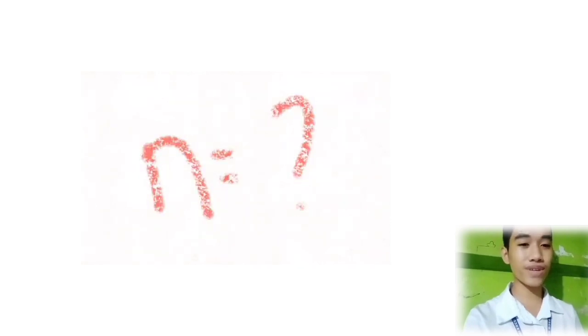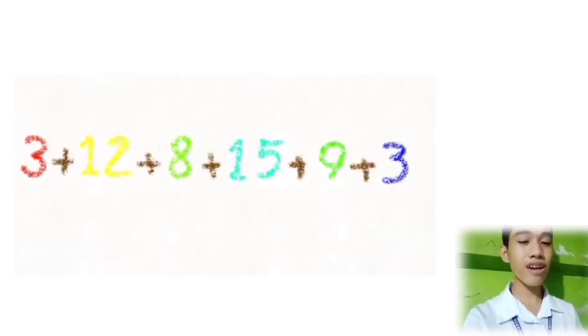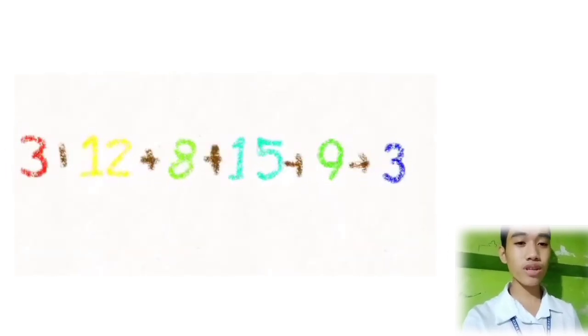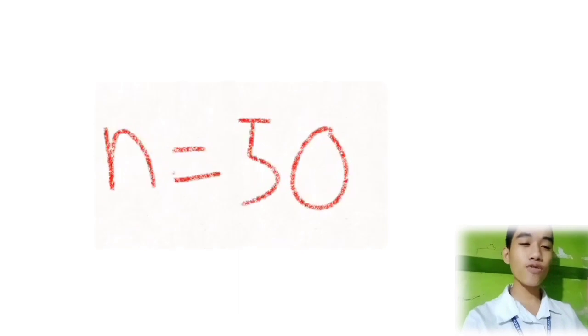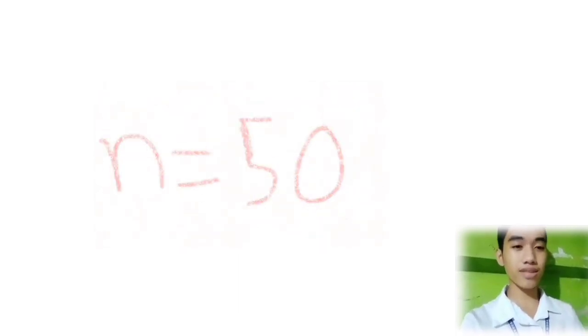Oh no, how are we going to get it if we are missing the highest cumulative frequency? For that, we get the n, which is the total of the frequencies, and place it as our highest CFB, the cumulative frequency before. And what is it again? Oh, it's 50.